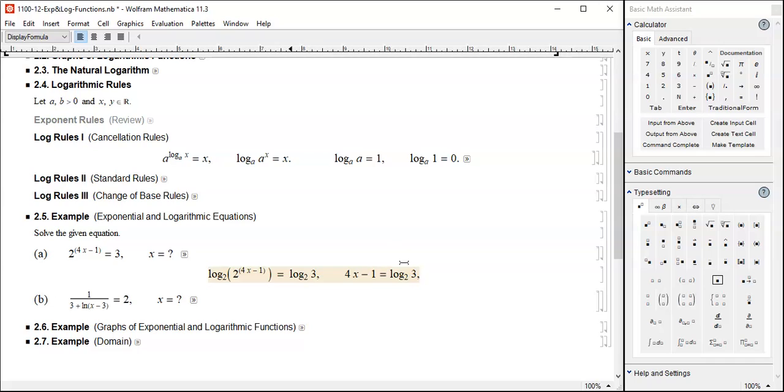Don't be intimidated by this logarithm here. This is just a real number, a digit string. Nothing to worry about. Flip 1 to the other side. Flip 4 to the other side.